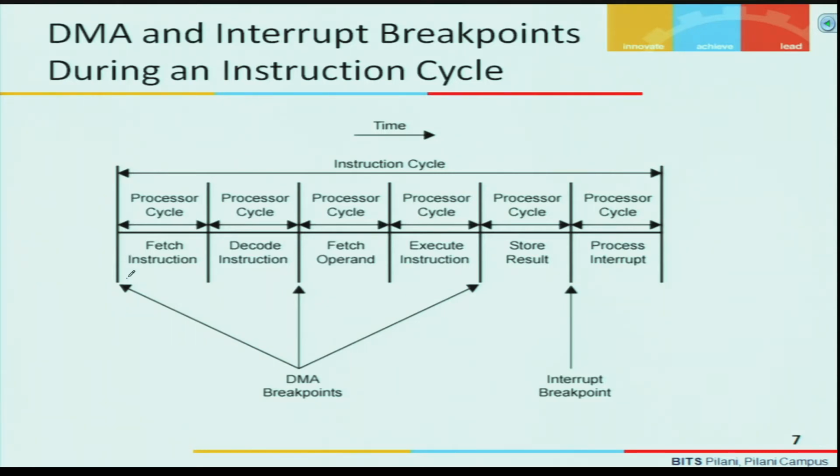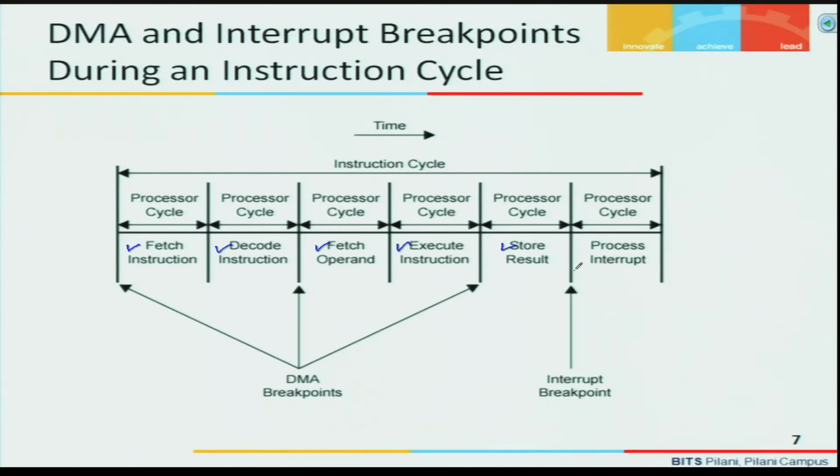The instruction cycle is a composition of various steps. First step is fetching the instruction, then second step is decoding the instruction, then fetching the operand, execute the instruction, finally store the result.